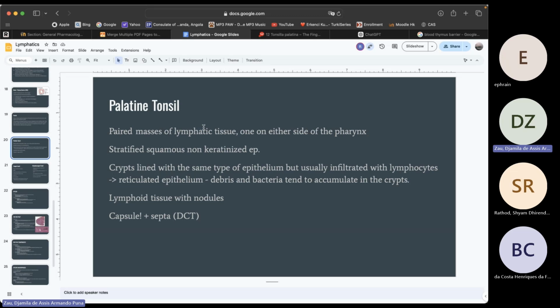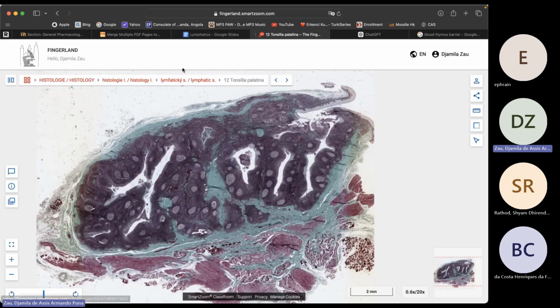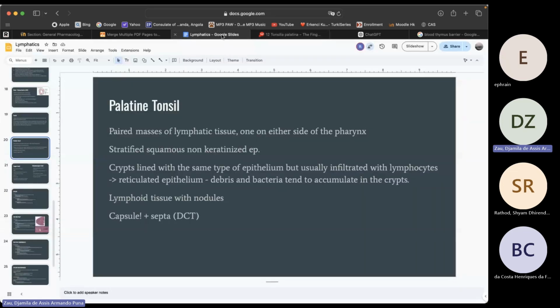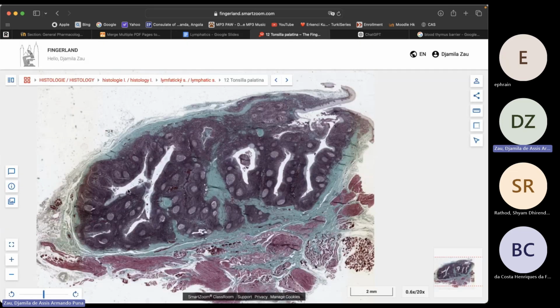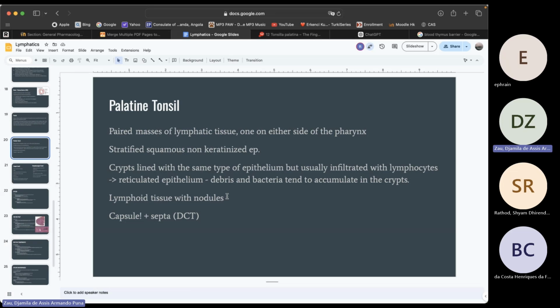And the palatine tonsils are found on either side of the pharynx. They're covered with stratified squamous non-keratinized epithelium. And you have these crypts that are lined with the same type of epithelium, but the crypts are infiltrated with lymphocytes, so that debris and bacteria will accumulate in the crypts and the lymphocytes will attack it.